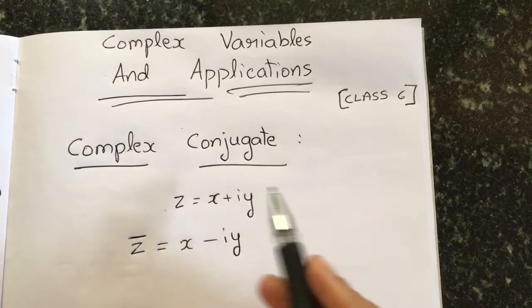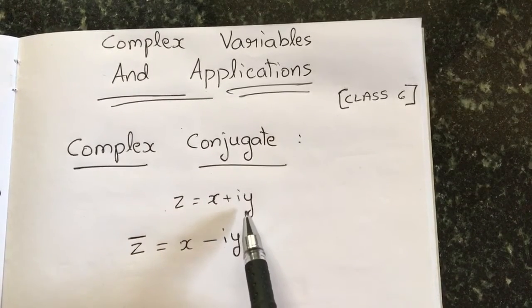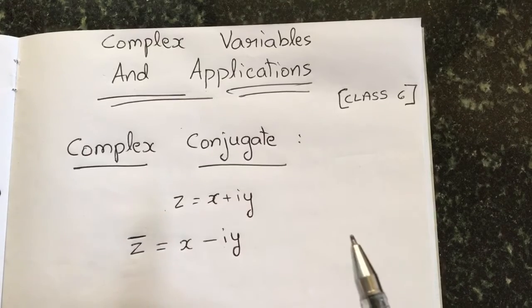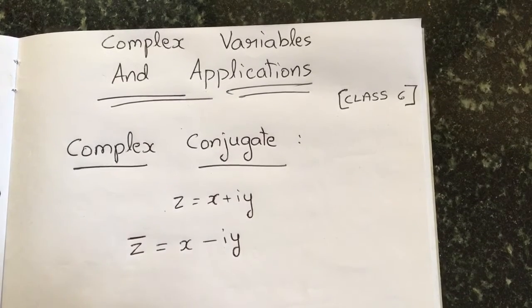If z is a complex number x plus iy, then its complex conjugate is z bar. It is x minus iy.